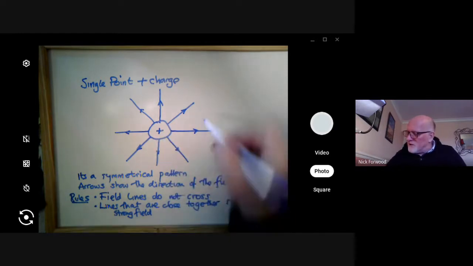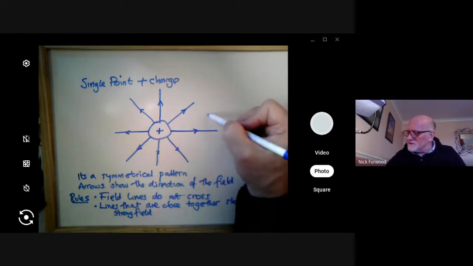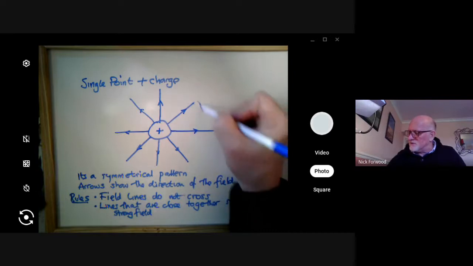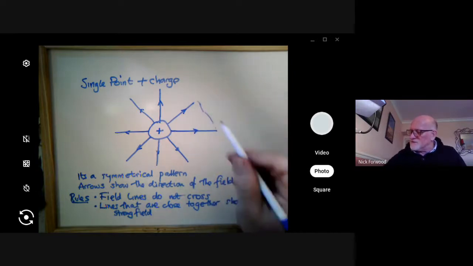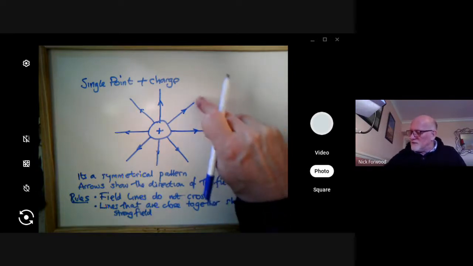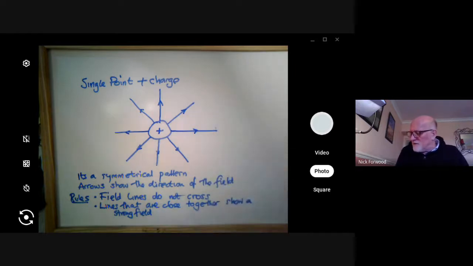Now, when you get further out to here, for instance, the distance between the field lines is much bigger, and lines that are further apart show a weaker field. I don't have space at the bottom of my board here to write that down, but what you ought to do now is write down that lines that are further apart show a weaker field.